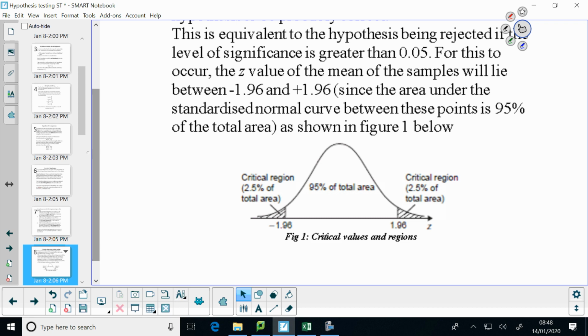Remember, all of that under there adds up to 100%. Everyone happy with that? And we've got our Z values here. So we're looking at both sides. The Z values are minus 1.96 and plus 1.96.